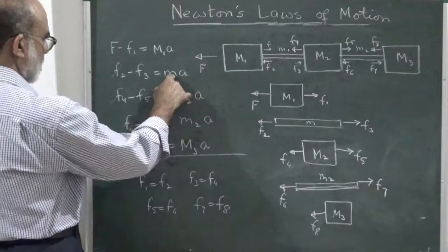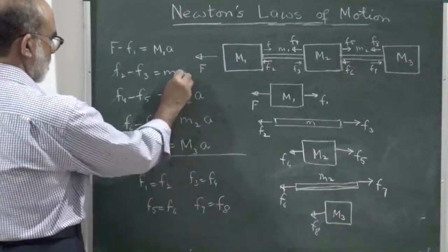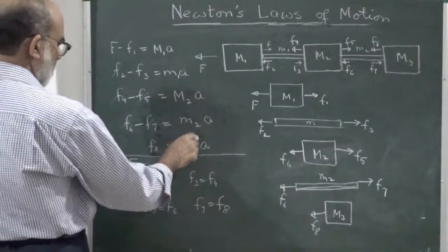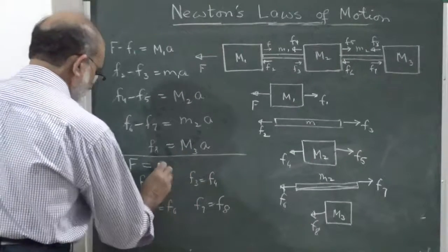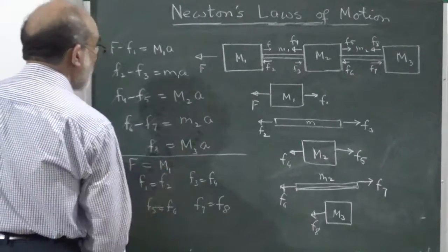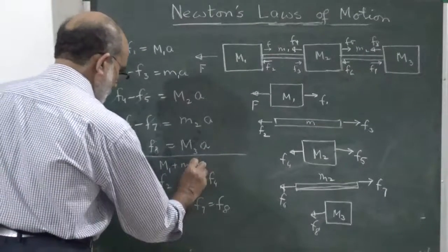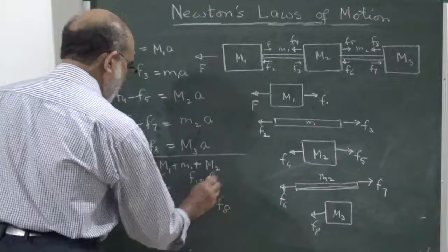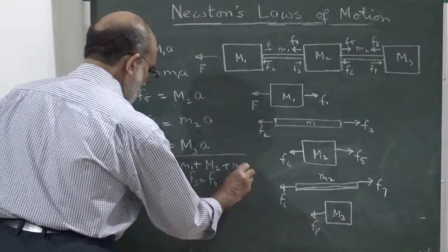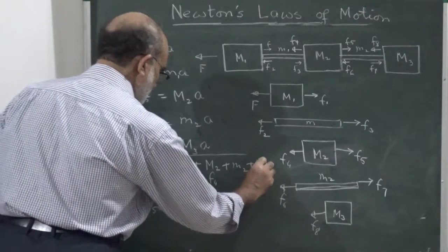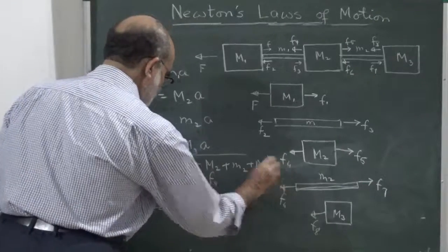So this is capital M1, small m1, capital M2, small m2 plus capital M3 times acceleration.